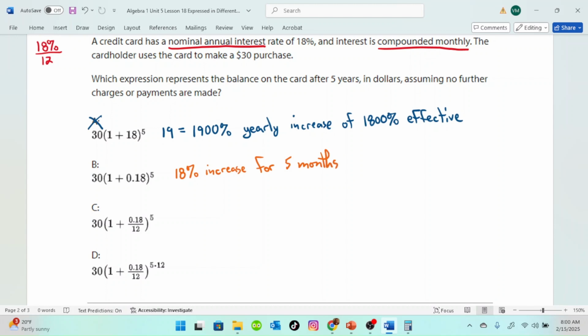So it's not the right percentage because it's effective and they're doing it every month for 5 months. We want it monthly for an entire year for 5 years. So B is wrong.